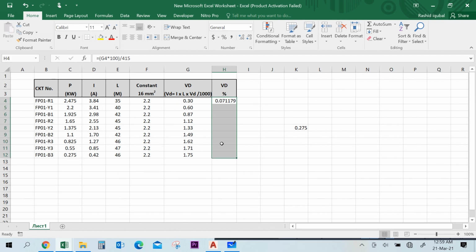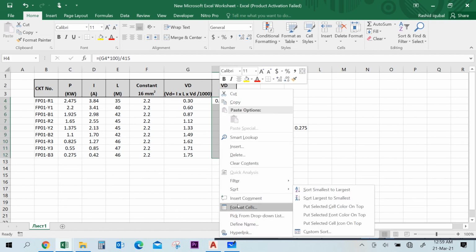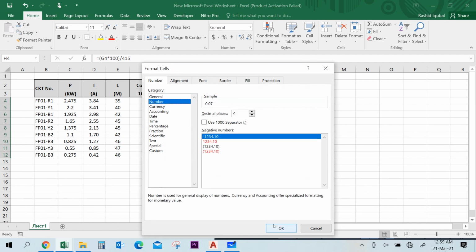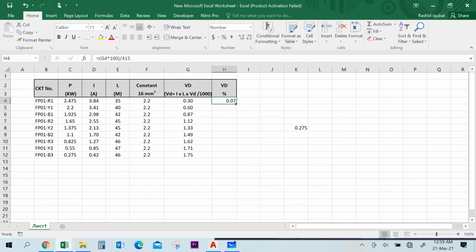Let me change the format. Yeah, it is 0.7%. So finally we get this value, 0.42. This is the maximum voltage drop percentage, and 1.75 is the voltage drop at the point B3.